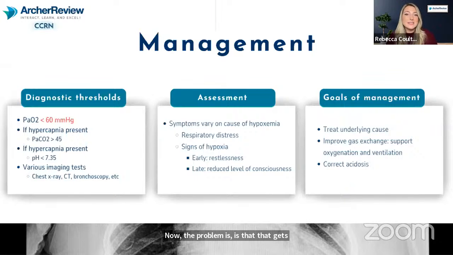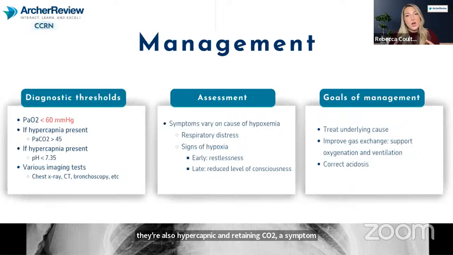So we have late signs of respiratory distress, which kind of tell us, oh, we're no longer really in distress. We're now going into failure. Our respiratory system is failing. And we're going to see a reduced level of consciousness with our patients because they're exhausted. Now, if they're in type 2 respiratory failure and they're also hypercapnic and retaining CO2, a symptom of CO2 retention is lethargy or sedation.